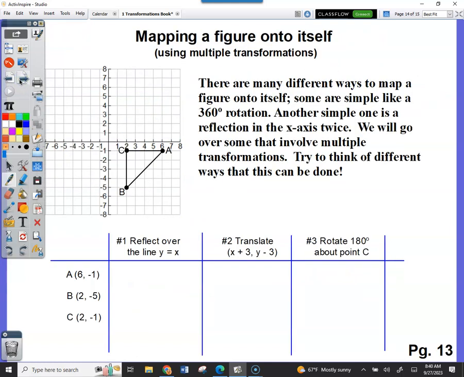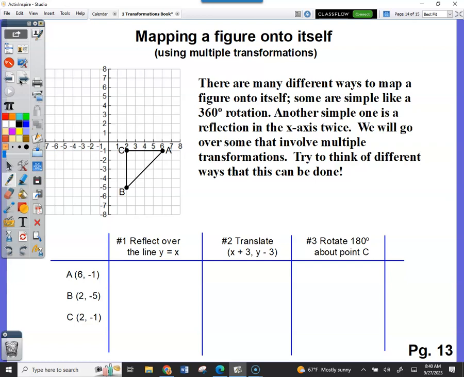So go to this slide, this page right here. Should be towards the back. Pages 13 and 14. It's the last two pages. We're going to do these transformations. This is called a composition of transformations because it is a domino problem. Hope you're listening.